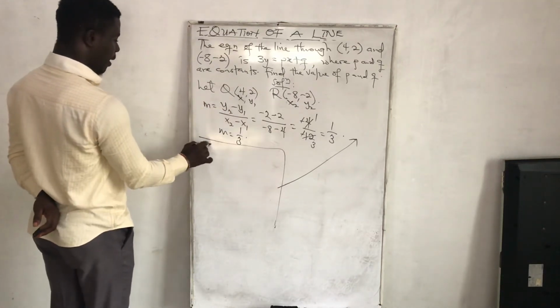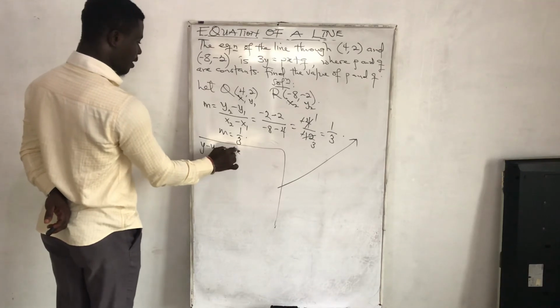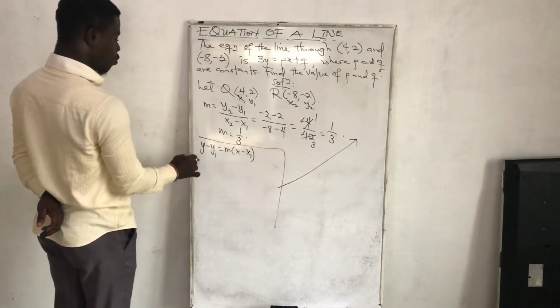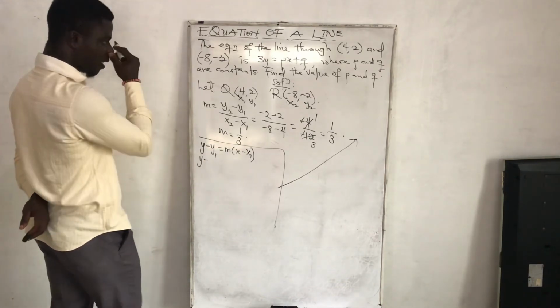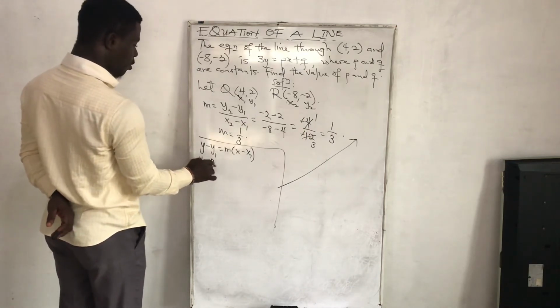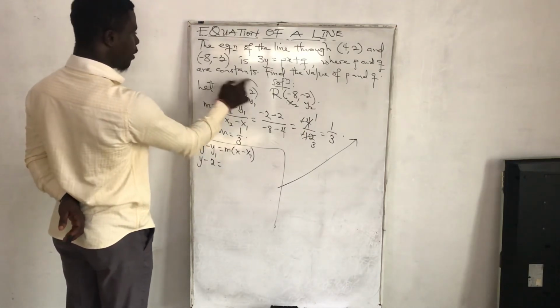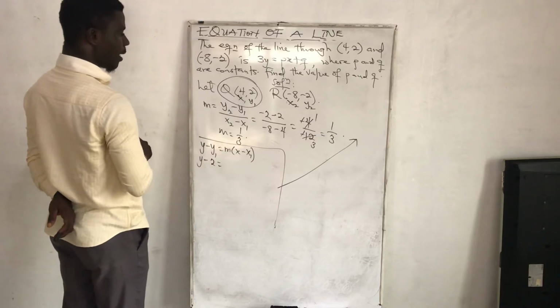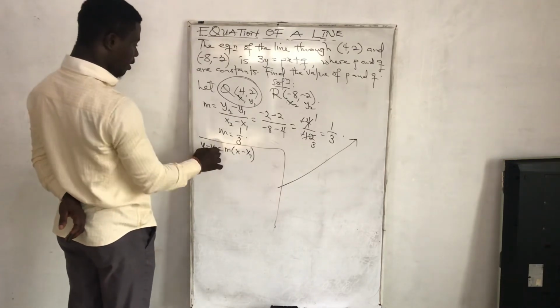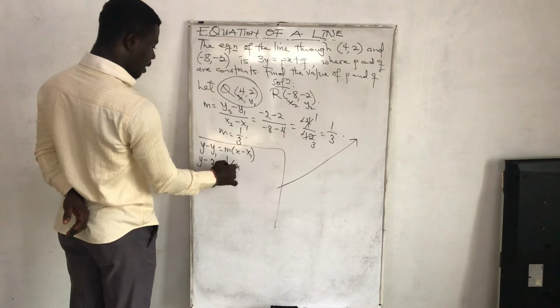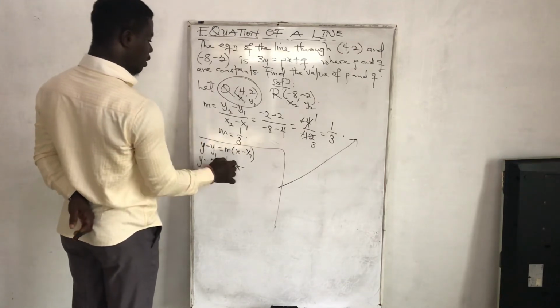So y minus y1 equals m times x minus x1. y minus y1, which is 2, equals m, using this point Q on the line. m is 1 on 3, times x minus x1, which is 4.